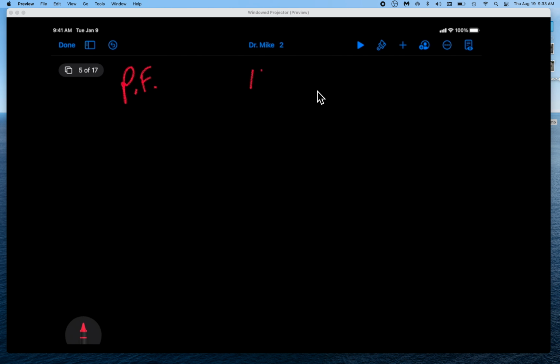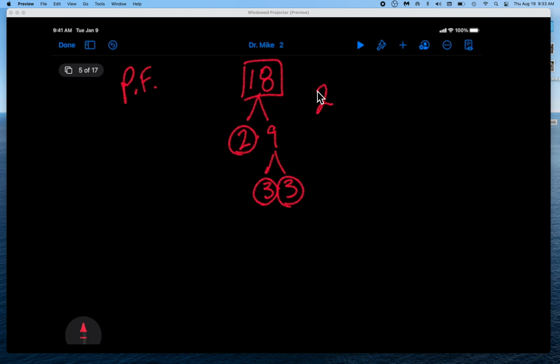When we had a number like 18, and that becomes 2 times 9, and 3 times 3. So the prime numbers, so we could stop. This becomes 2 times 3 times 3.